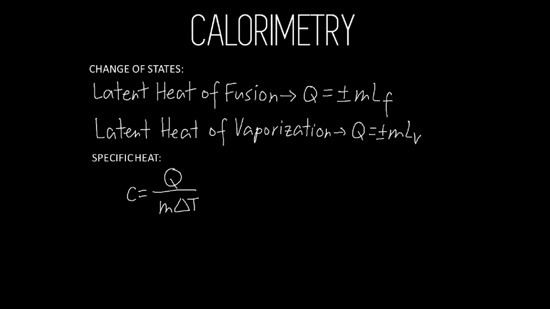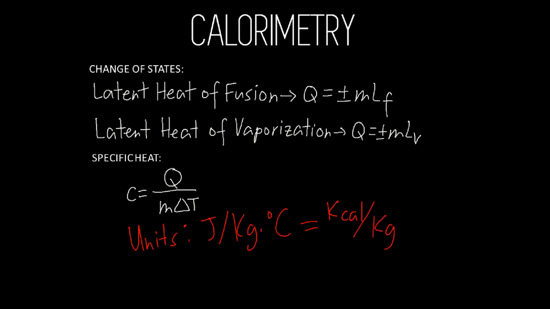I'm just going to first activate the pen mode. The units used for specific heat are the following: joule per kilogram times degrees Celsius, including its other equivalent units such as kcal over kg times degrees Celsius, and BTU over pound times degrees Fahrenheit.